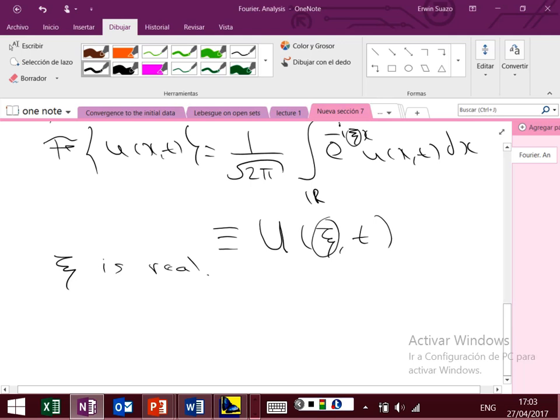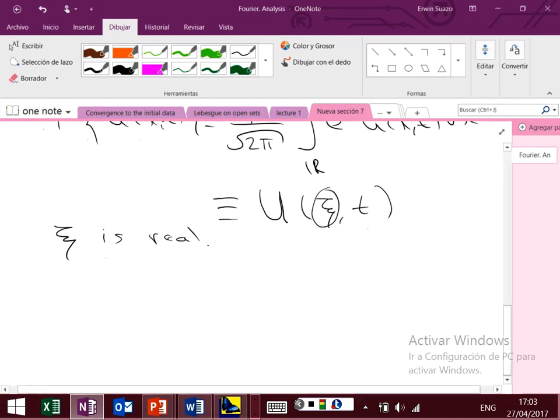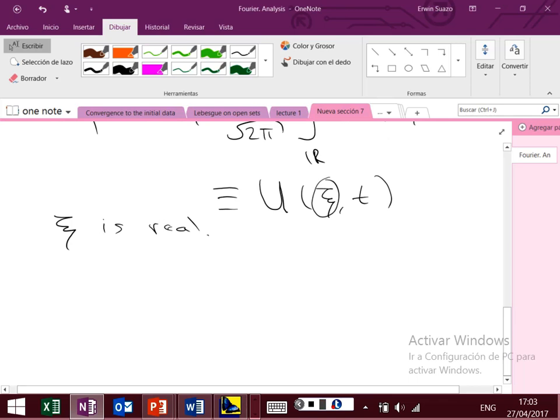Okay, so let's see. This might probably be the homework. It's really easy, but let me do this one. Let's take, for example, the Fourier transform of the partial derivative of u with respect to t.